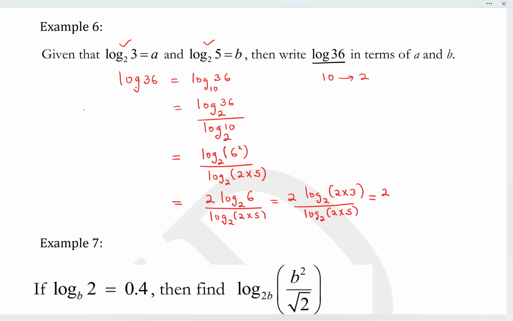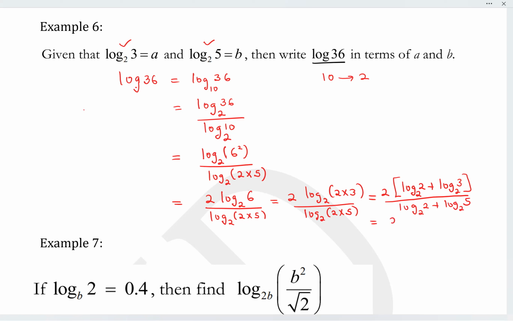And now we can put the 2 outside brackets. We can change this multiplication into addition, so that you have log 2 of 2 plus log 2 of 3 over log 2 of 2 plus log 2 of 5. This is one way we can do this.